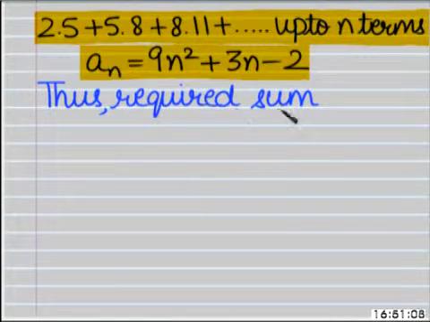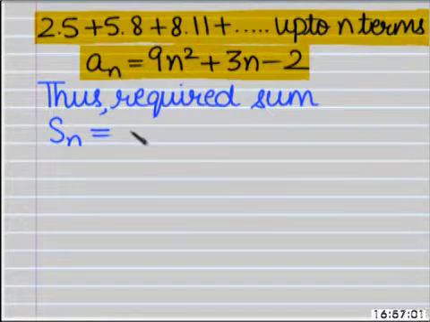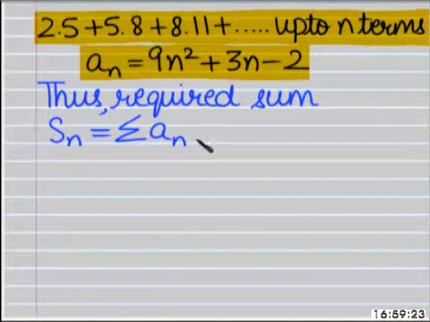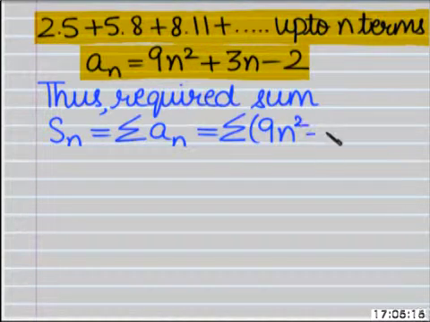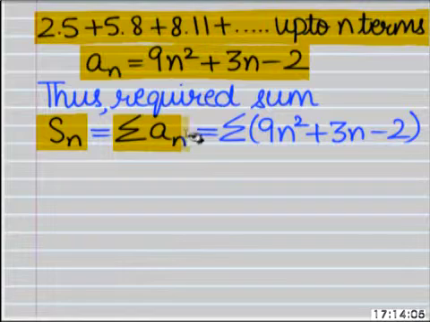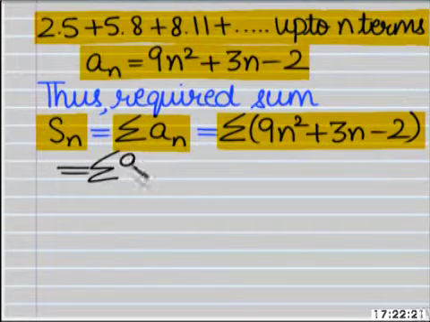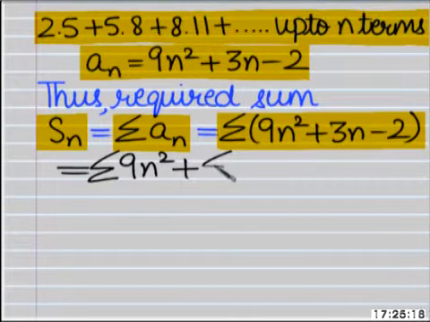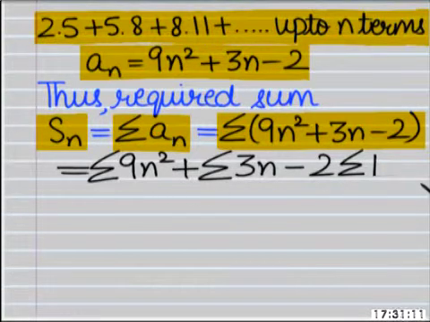Thus, the required sum of the given series, that is Sn, which is equal to summation an, will be equal to summation of 9 into n square plus 3 into n minus 2, which is equal to summation of 9 into n square plus summation of 3 into n minus 2 into summation 1.